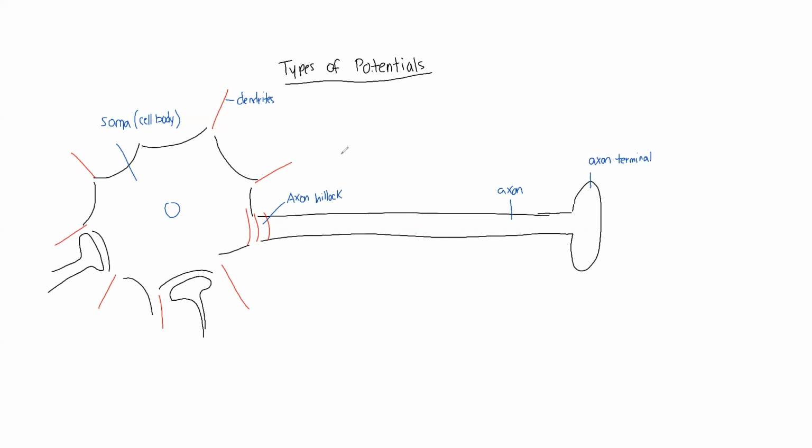That region is called a synapse. So the area where one neuron speaks to the other is called a synapse, sometimes called a synaptic junction. So let's point that out as well. And we would also have a synapse at this distal end as well.